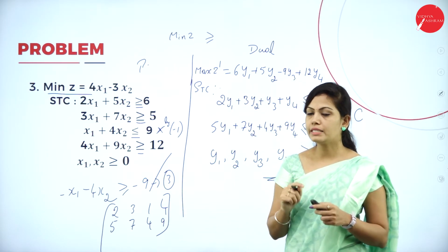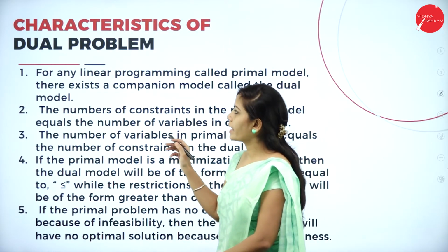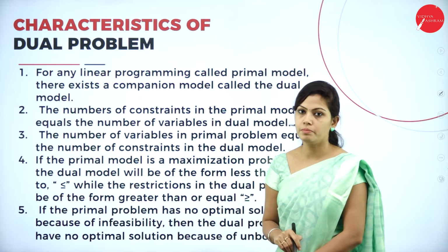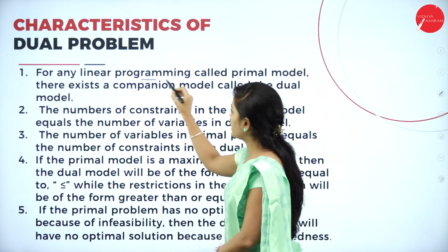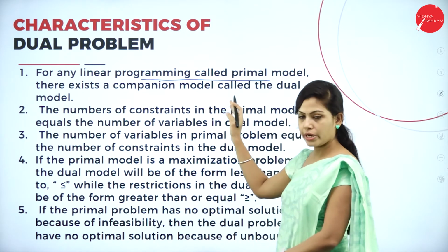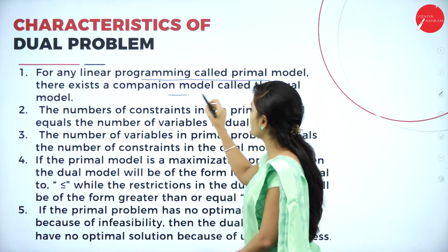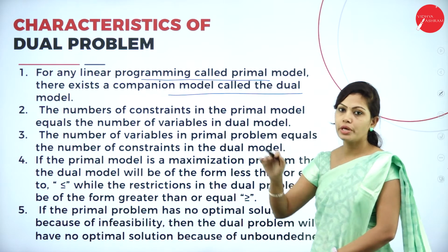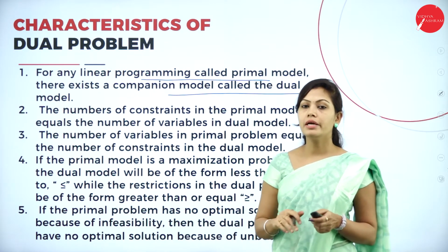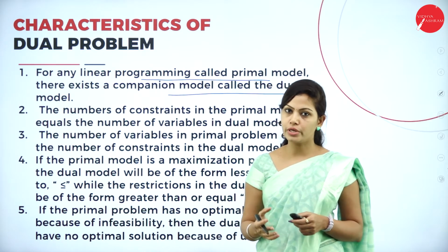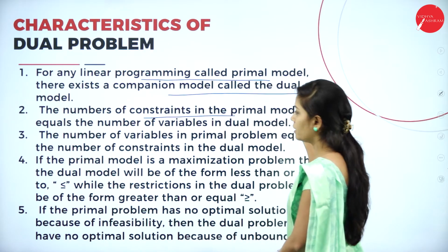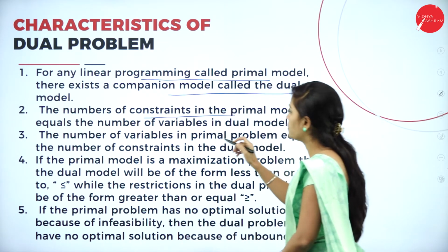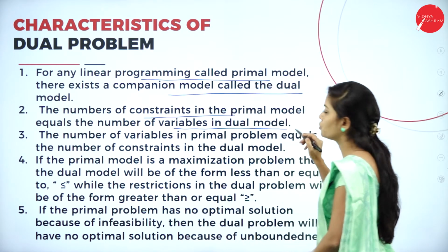So now let us understand the characteristics of the dual problem. For any linear programming problem, called the primal model, there exists a companion model called the dual model. So every primal can be converted into dual form. The number of constraints in the primal model equals the number of variables in the dual model.